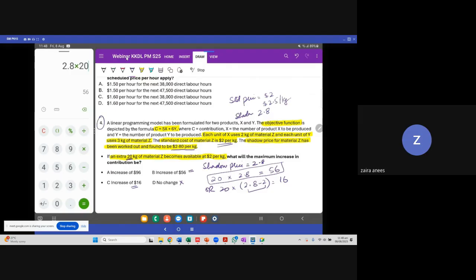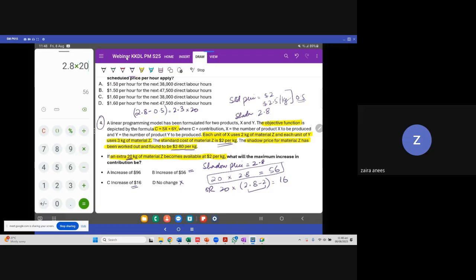Now, what will be the benefit? Since we are paying $0.5 extra to get the material, that means the benefit will be 2.8 minus 0.5. 0.5 is the extra amount, 2.3, and then we will multiply 2.3 with 20.